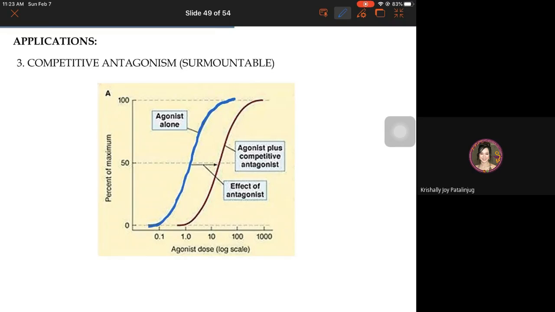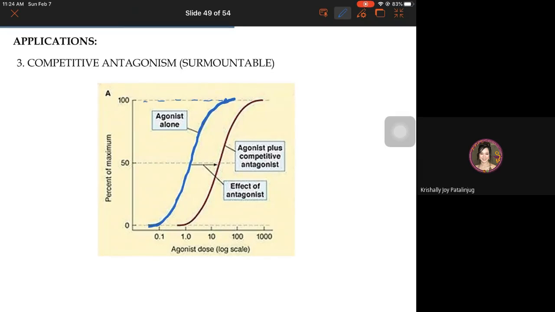That would be the plotted line for an agonist alone, showing its plotted line, achieving its maximal efficacy.